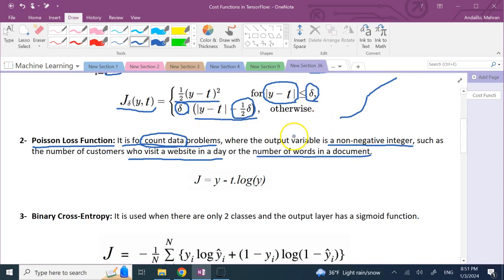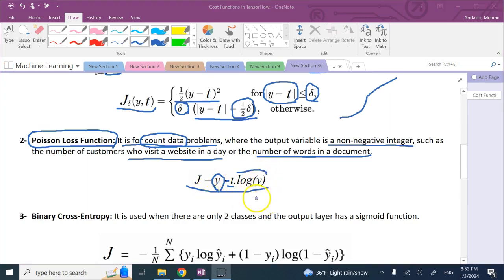So if you have a deep learning task where the output is a non-negative integer and the data are coming from a Poisson distribution, this Poisson loss function is quite useful, and you can see that it is the predicted output minus the desired output, or the target, times log of y here.